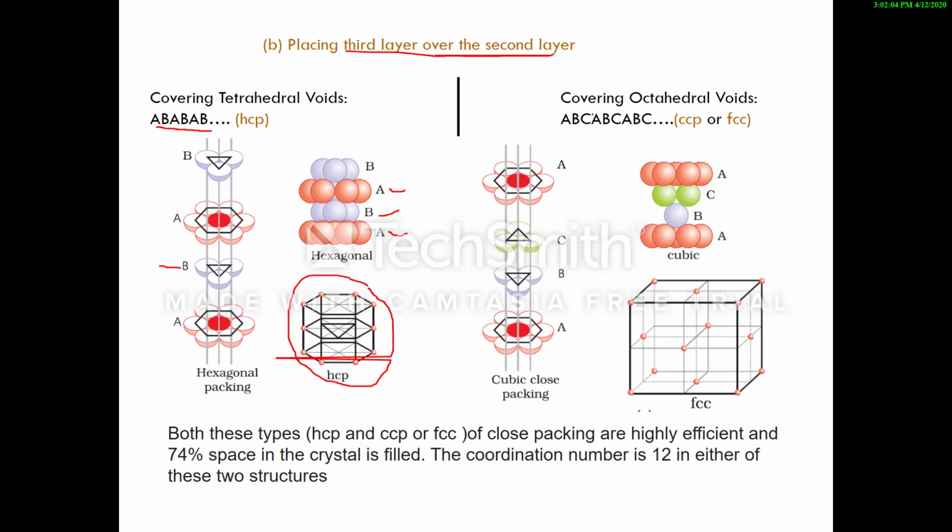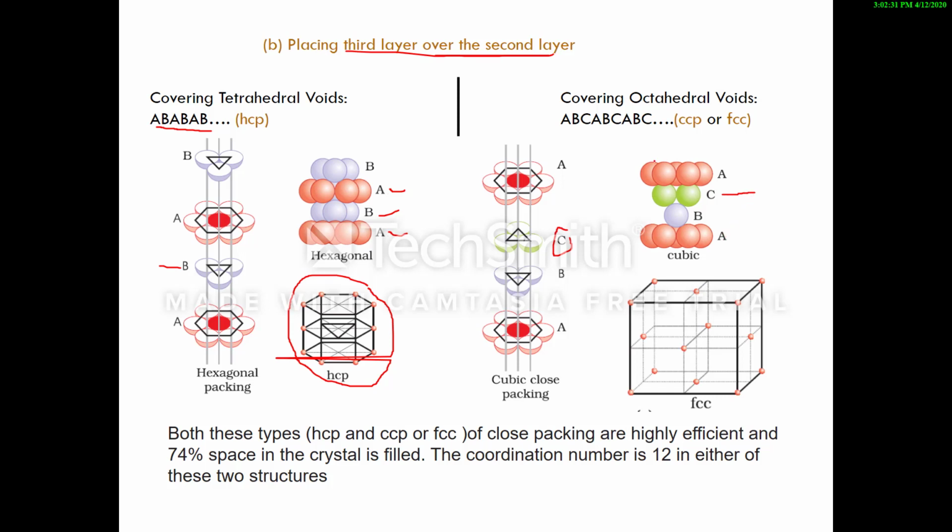Now again see, if particles in the third layer are just above the octahedral voids, just remember that, then we can say the arrangement in the C layer is different.